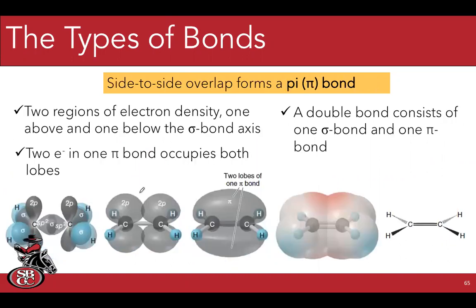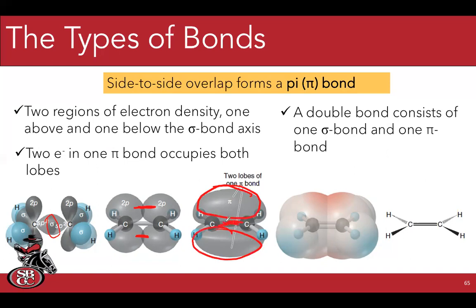The other kind of bonds, when the p orbitals are close enough, like in carbon, to overlap, you can have a sigma bond. And if there are electrons in these unhybridized p orbitals, they can overlap on the top and the bottom to make a pi bond. So there's these lobes of electron density. One pi bond has 2 lobes, above and below. So that's a single double bond.